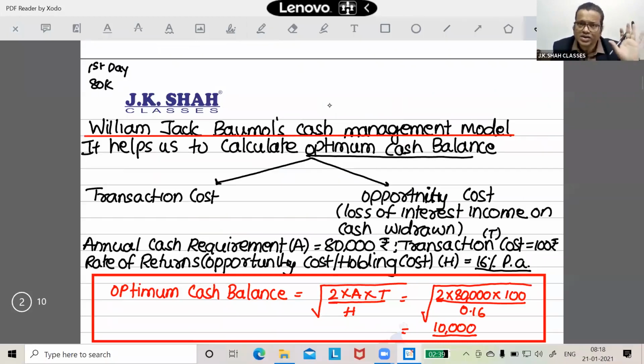Am I going to keep all 80,000 as it is up to the last day of the year in my pocket? First day, I withdraw 80,000 and I start crying, and I will lose the interest of the whole year. Tell me, why did I withdraw this money?